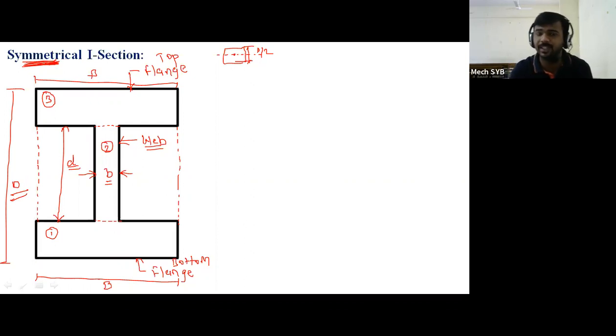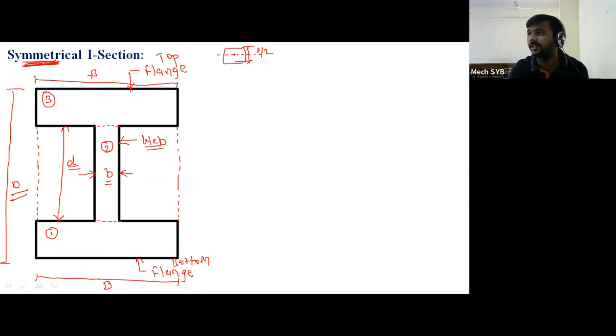Now, if you see the section, this is the symmetrical I section. Why is it called a symmetrical I section? Because, please tell me, is their CG point located at the center point or not?